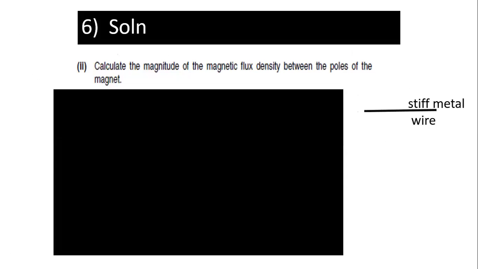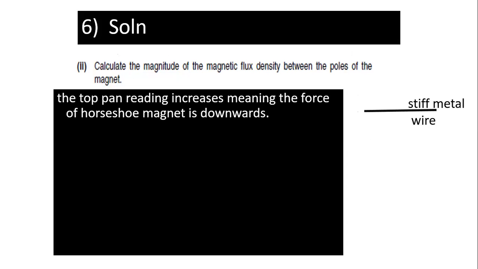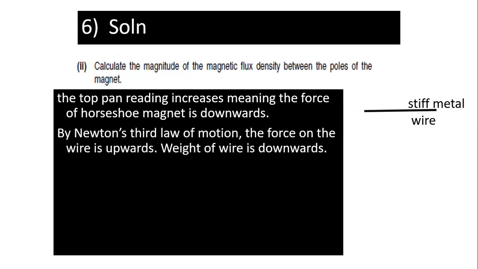How do we calculate it out? Right, the balance reading increases, meaning the force on the horseshoe magnet is downwards, so increase in mass. So by Newton's third law, the force on the wire is upwards.